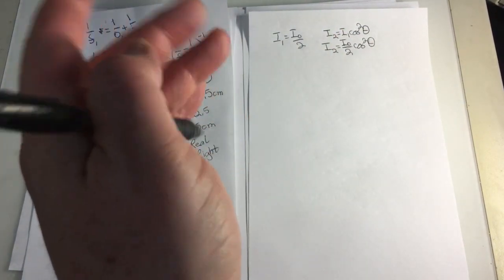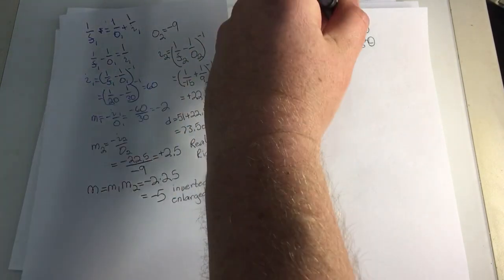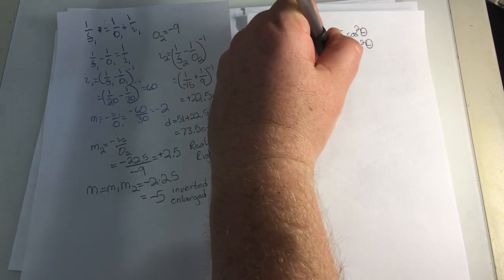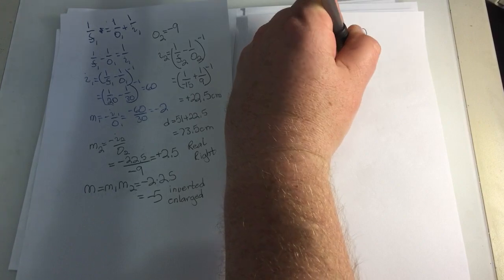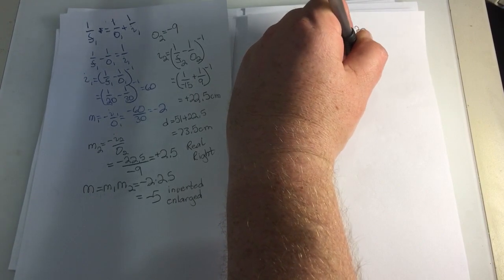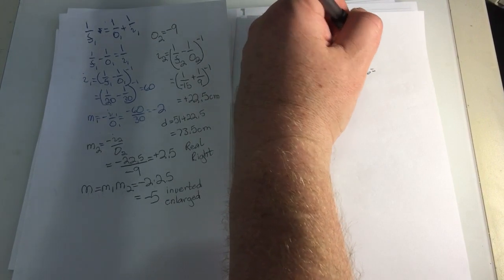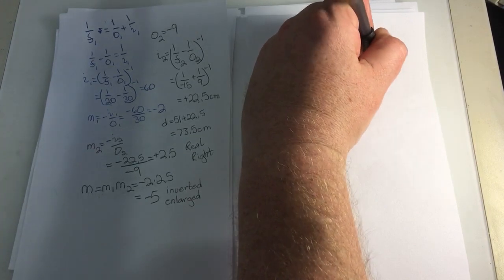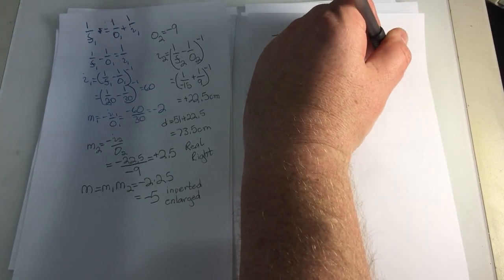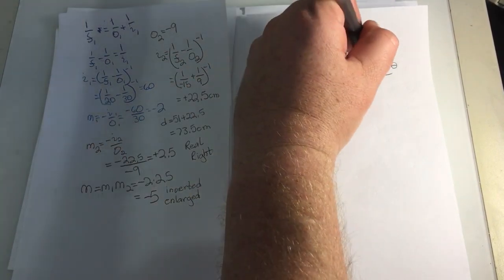Now, I final is I2. So if you have I2 over I naught, that is 0.2666 times cosine squared theta over 2. Oh, hold on. I'm an idiot.